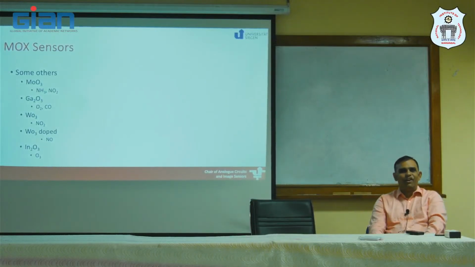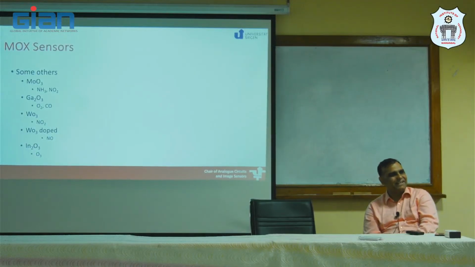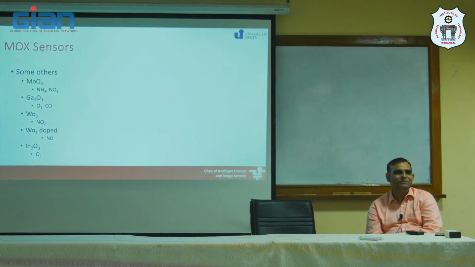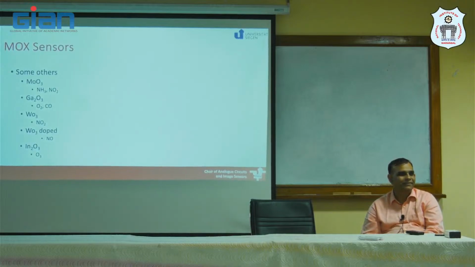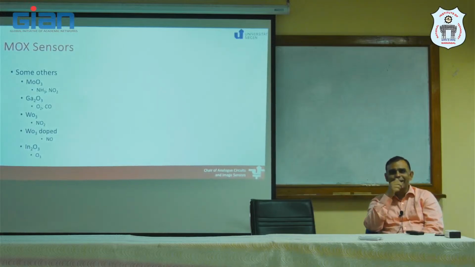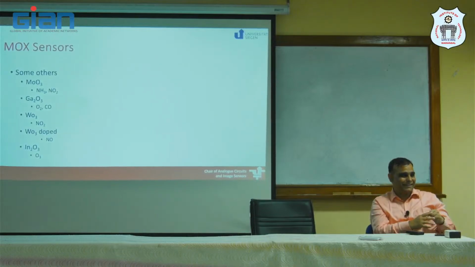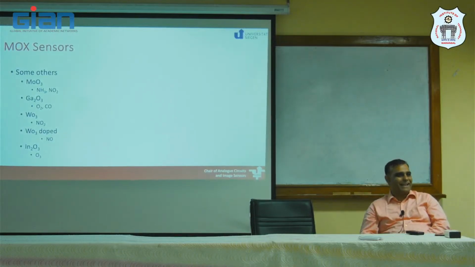So, all last 8 days I have been saying that any conductor, when current flows through it, heats up. Agreed? Till now we have been trying to avoid that heating. How to stop that heating? Let's try to increase that heating.